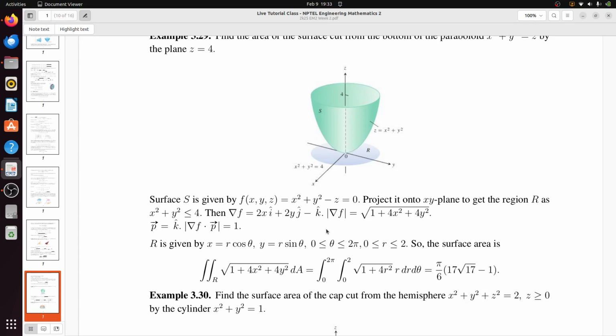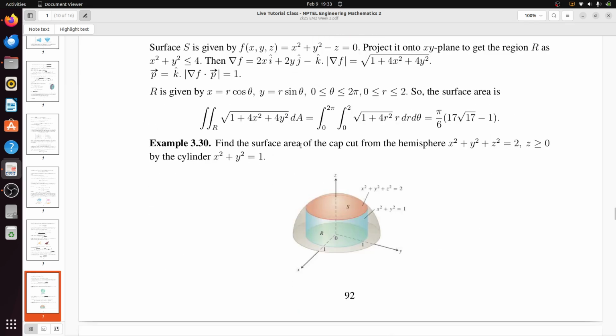Okay, so now find the surface area of the cap cut from the hemisphere x square plus y square plus z square equal to 2 by the cylinder x square plus y square equal to 1.